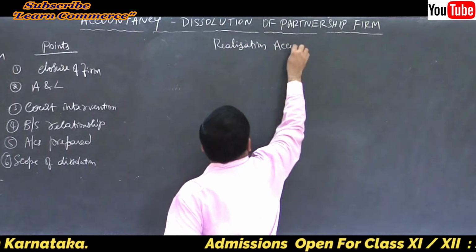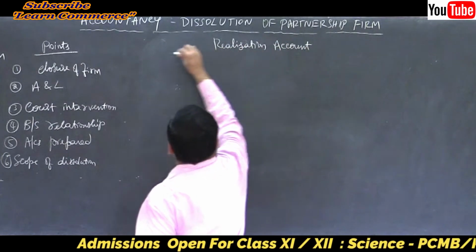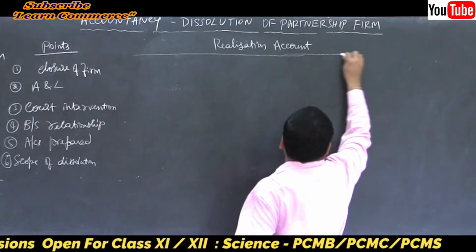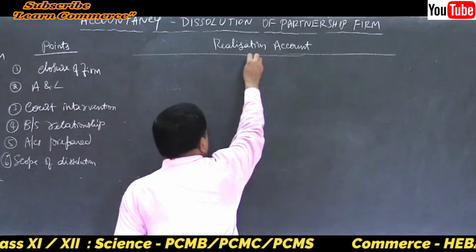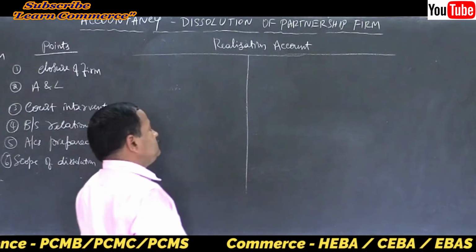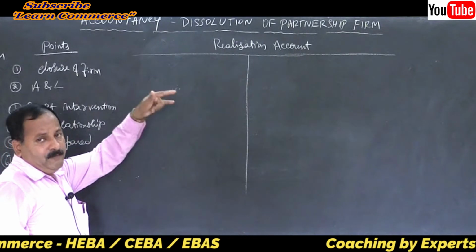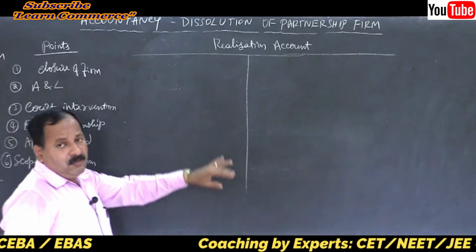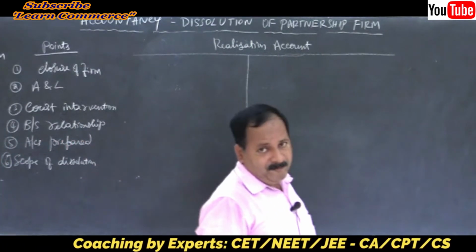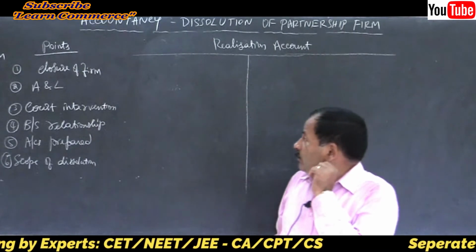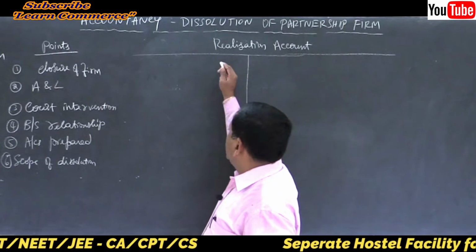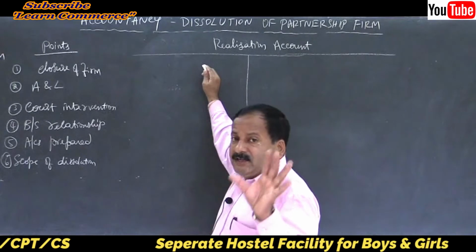Let us understand it practically. Debit and credit will be there, particulars, JF, amount in rupees. Those are the columns on either side. Clear? Yes.